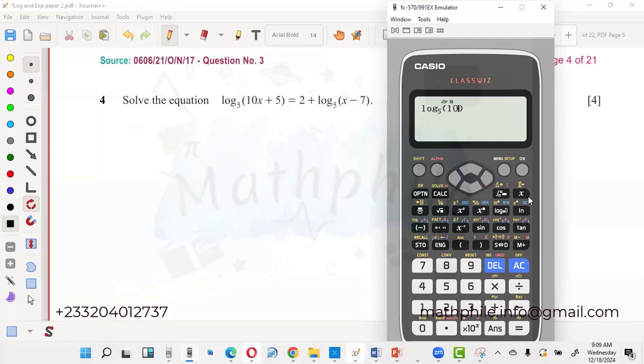So 10x plus 5 is equal to 2 plus log base 5 of (x minus 7). Shift calc, x equal to 12.